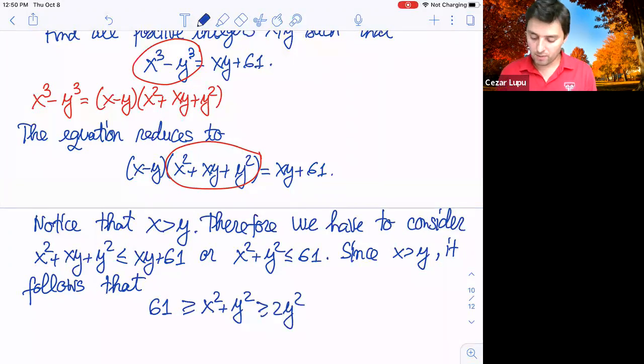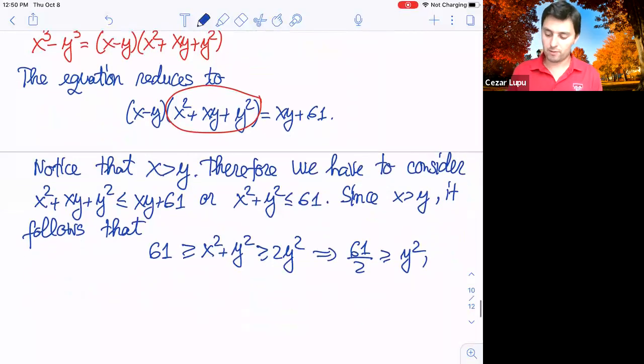So from here, it will follow that 61 over 2 is greater or equal than y squared. So what options do we have for y? So y will be what?